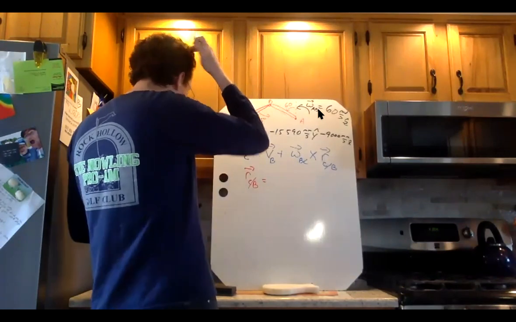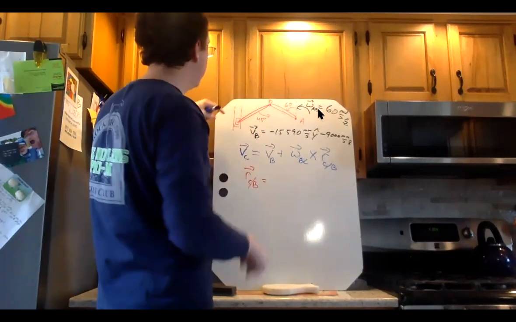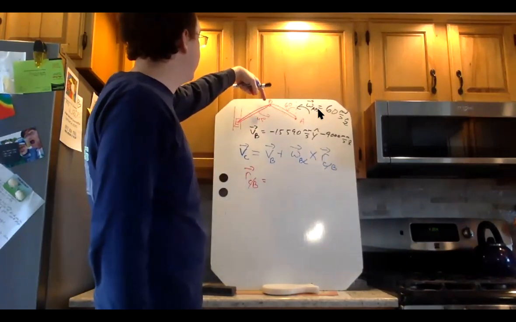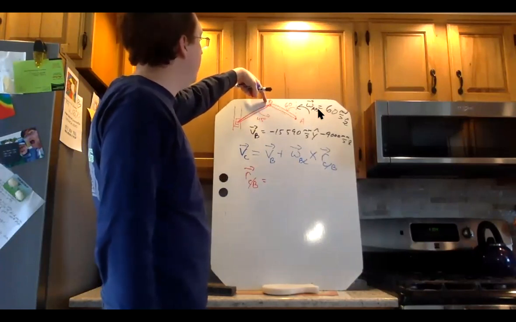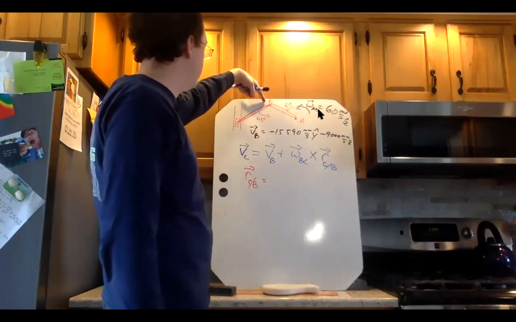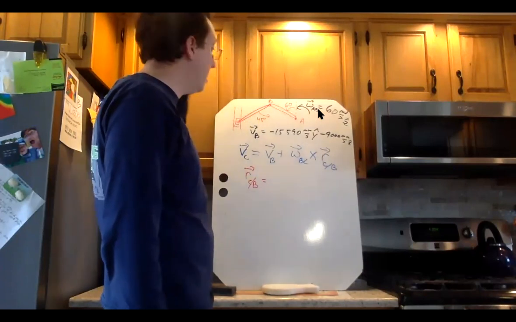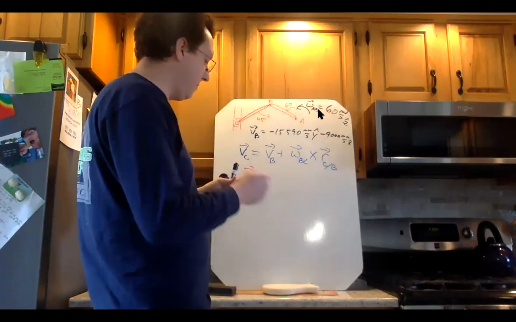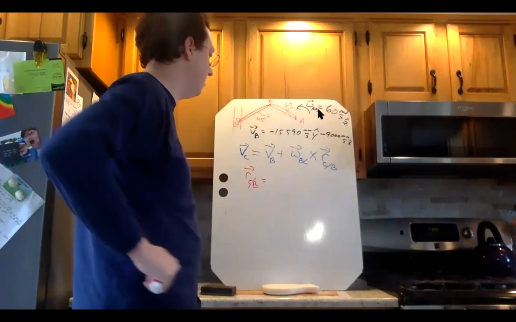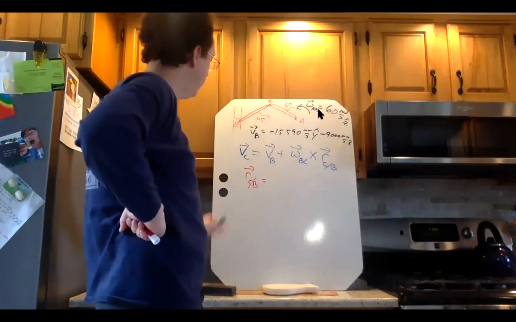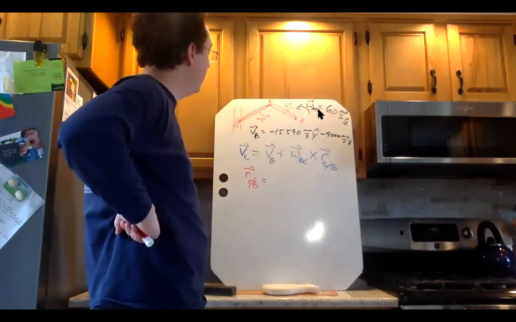So C relative to B. Well, okay, so let's go through that. Mohammed, since you asked last time, tell me about minus signs. So RCB, tell me about the sign of the x component and the sign of the y component. The position of C relative to B.